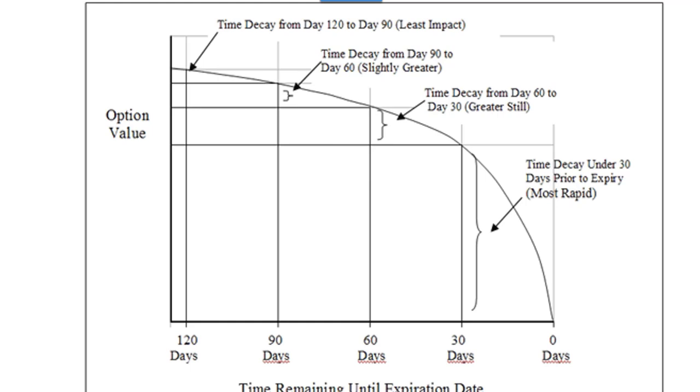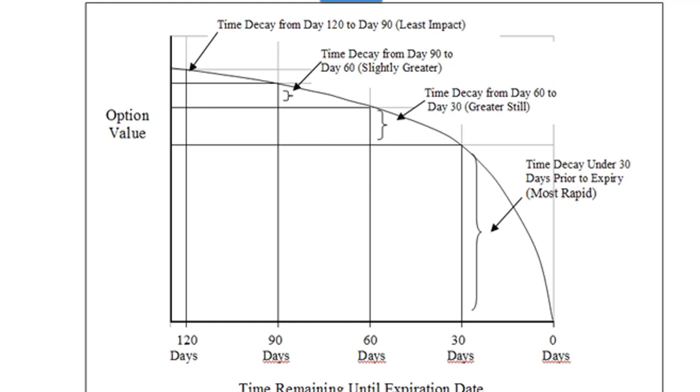Now, hopefully I didn't lose you there, but look at this graph and think about this for a minute. At 120 days out, the time decay has the least amount of impact. At 90 days out, the decay from 90 days to 60 days is slightly greater. The time decay from 60 to 30 days is greater still.